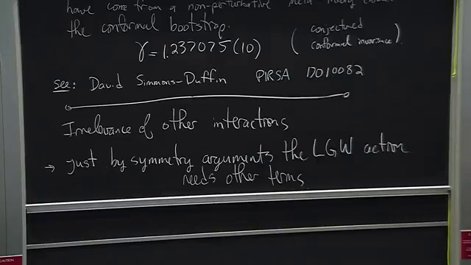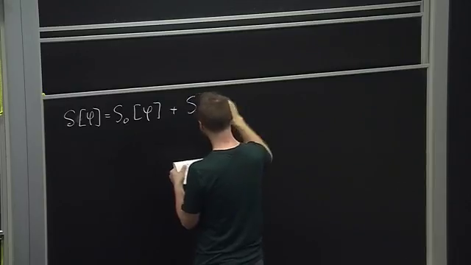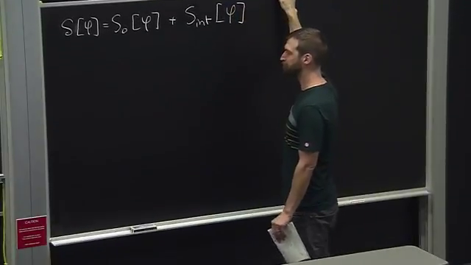I wrote some down. Let's keep zero field so we don't have odd terms. Let me write this action. You still have a Gaussian piece that in principle you can solve with Gaussian integrations, and then an interacting piece. For us, that was just a phi 4.